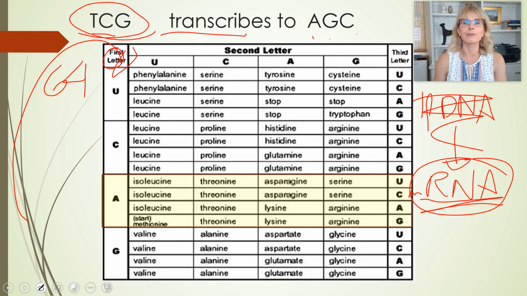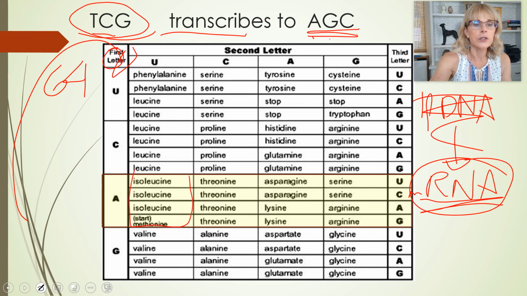And here's how you read it. You have this codon AGC. You start with the first letter A. Okay? Everything that's in that box that is now yellow, all of those codons start with the letter A. All of these guys start with the letters A, U. All of these guys start with the letters A, C. All of these guys start with the letters A, right?